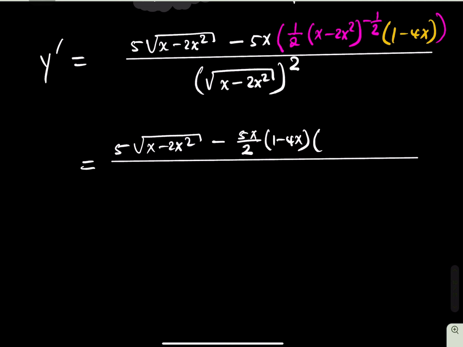That is primarily x minus 2x squared to the power negative 1 over 2. I wanted to check if I can play with that and put it as positive exponents. It's going to be 1 over the square root of that stuff. Okay, let's do it.